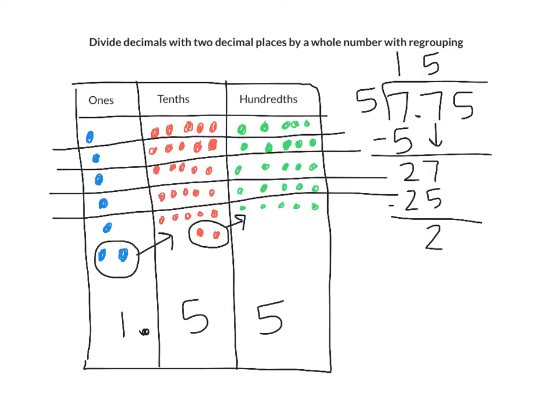So we're left with 2/10, which we then regroup into our hundredths. So we have 25 hundredths divided by 5, which is 5. Then 5 hundredths times 5 is 25 hundredths. We subtract. We bring our decimal point straight up, and we get 1 and 55 hundredths.